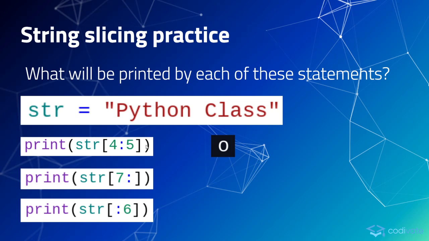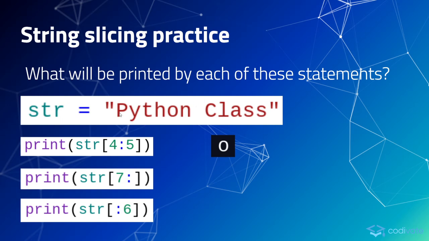The next one, our start index is 7. 0, 1, 2, 3, 4, 5, 6, 7. One thing you'll notice there is that the space does count as an index. So even though you may not see it, Python will take the string literally and think that there's also a character there.